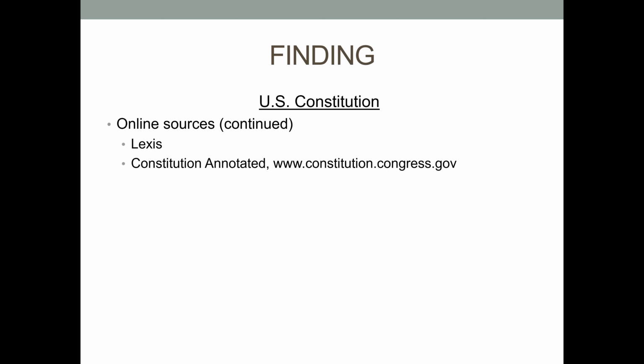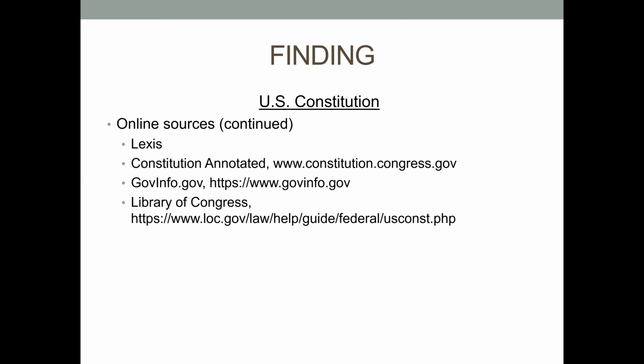Now, there are also some free sites that have the text of the Constitution. One is Constitution Annotated at www.constitution.congress.gov. You could also go to govinfo.gov, and it will have a section with the text of the Constitution.